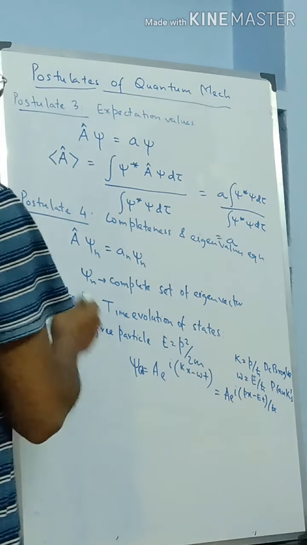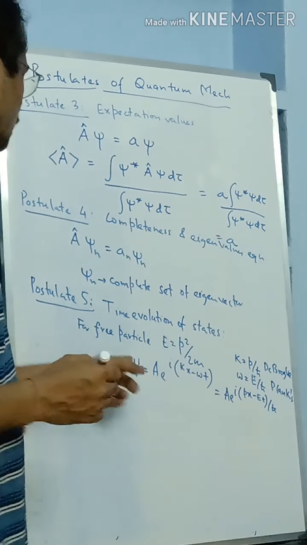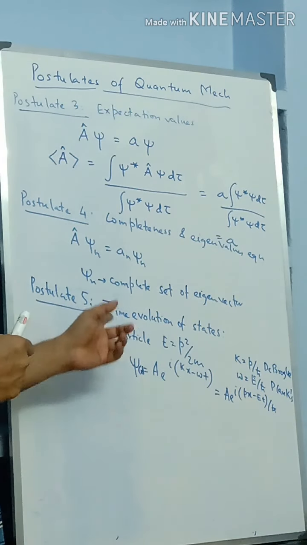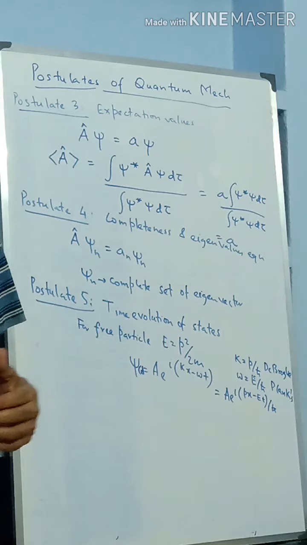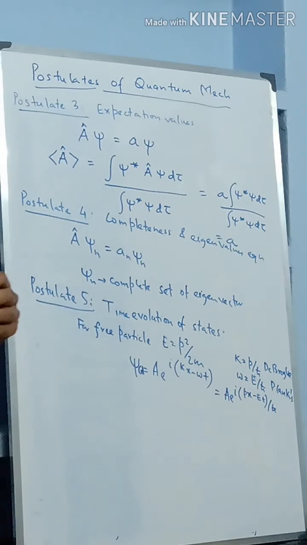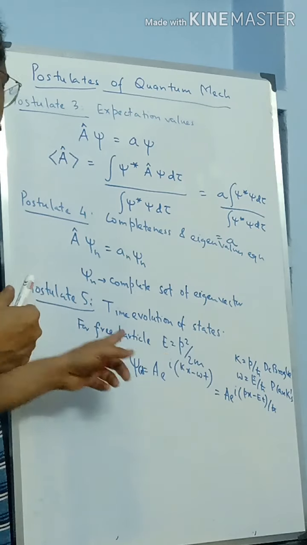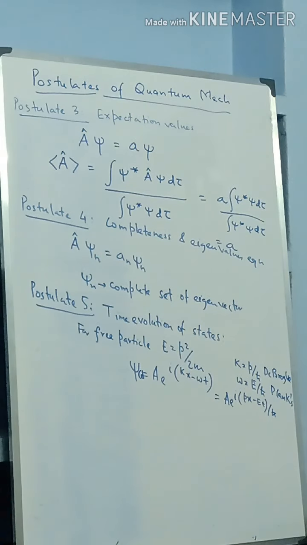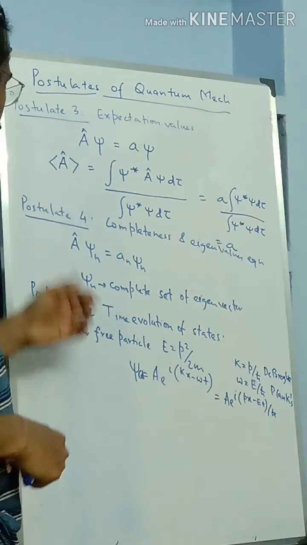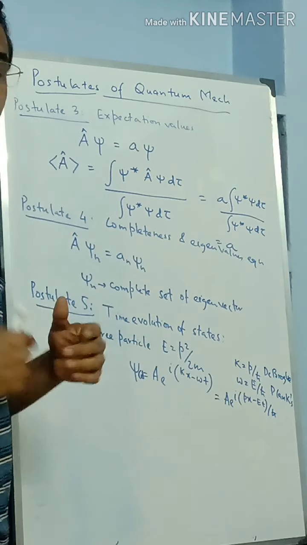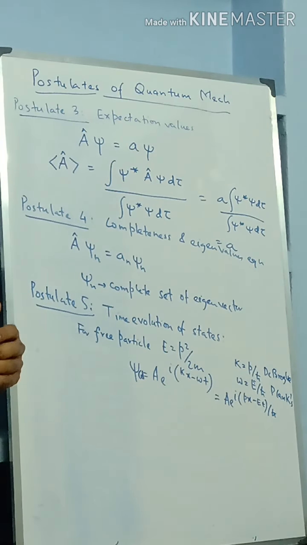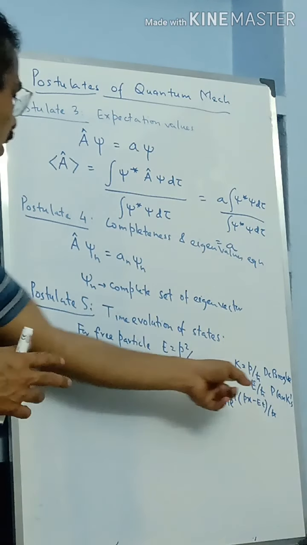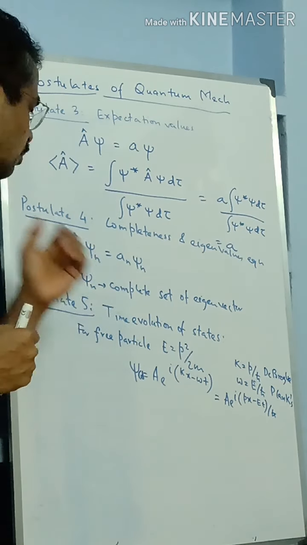Now if we want this wave function to satisfy this equation, then the left hand side has E, so we need a single derivative with respect to time, and then we must have a double derivative with respect to space. So if we want to satisfy this particular equation for a free particle, on the left hand side there is an energy term, and on the right hand side there is a p square term.